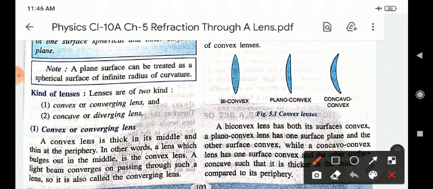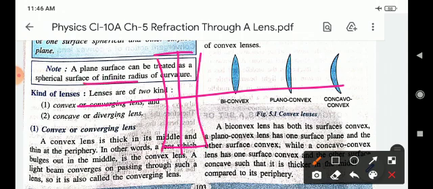Once again, parallel rays move in different directions and backwards, it is the focus. Okay, so diverging means to separate and go in different directions or to become different.